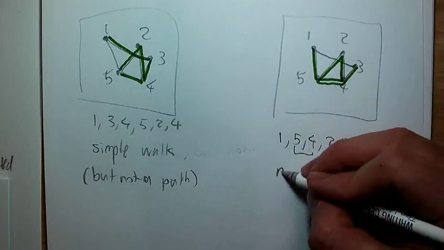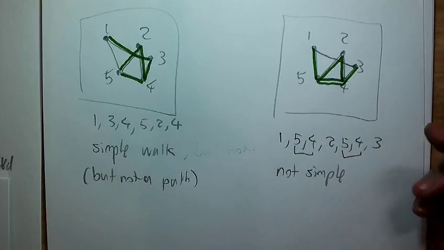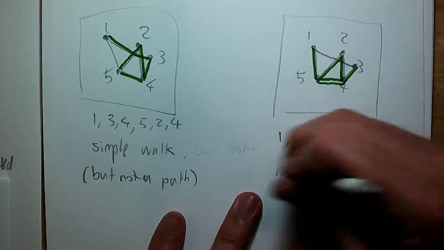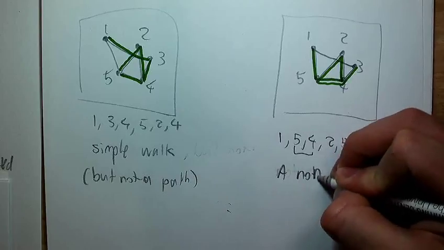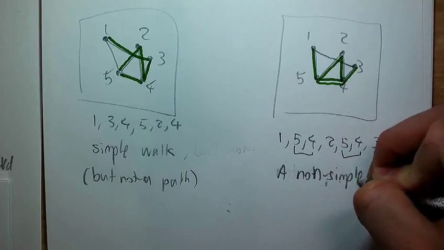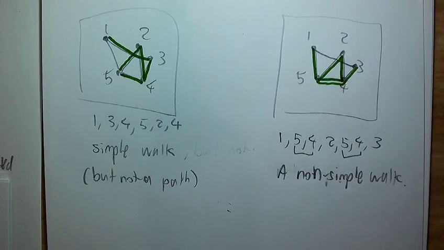And so this is not simple. It's still a walk, a non-simple walk. And therefore, since it's not simple, it can't be a path, because a path doesn't include vertices twice, so it can't possibly include edges twice.